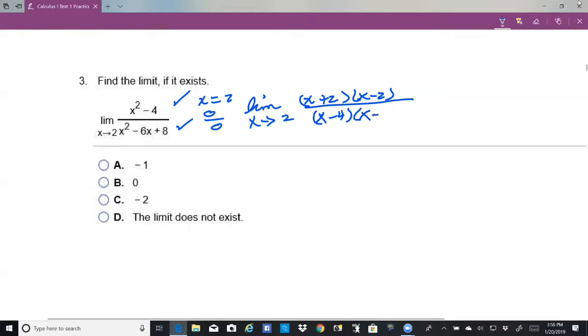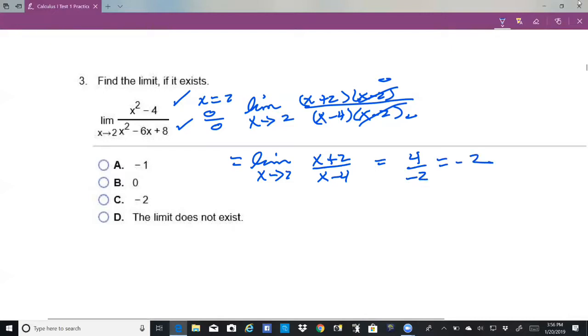Be sure you factor correctly, and notice the x minus 2 factors cancel out, and that removes the problem with 0 over 0. And now it's equal to the limit as x approaches 2 of x plus 2 over x minus 4. So this is equal to 4 over minus 2, equal minus 2. So the answer is the limit is equal to minus 2.